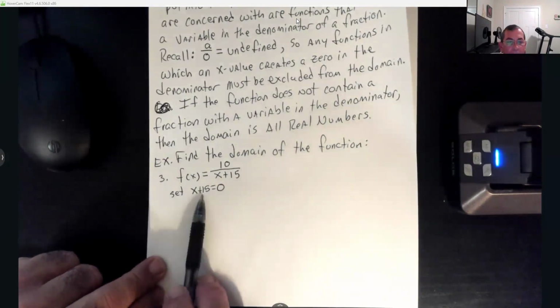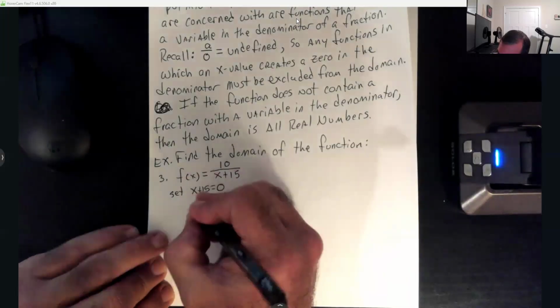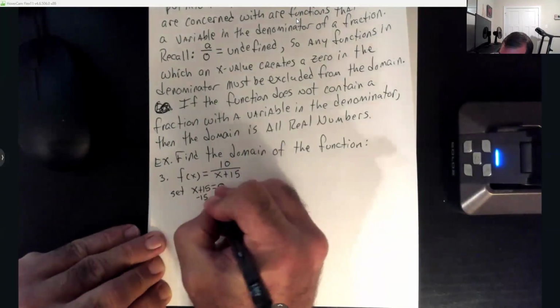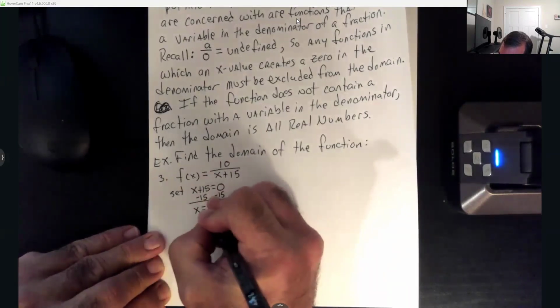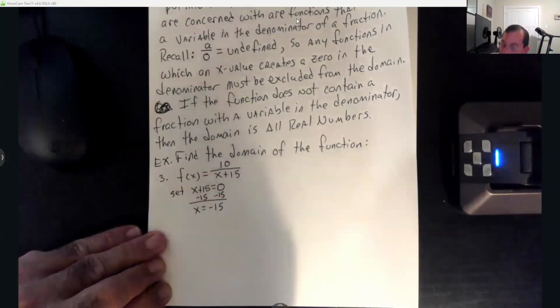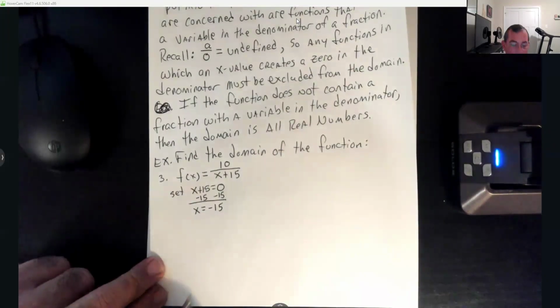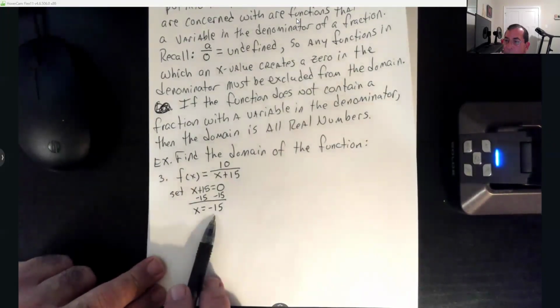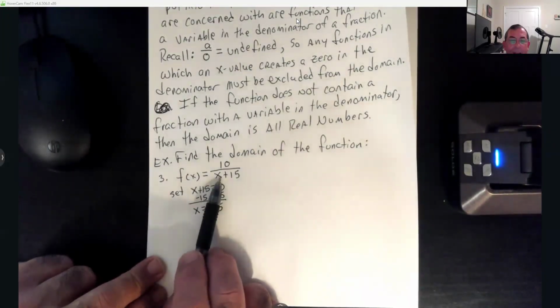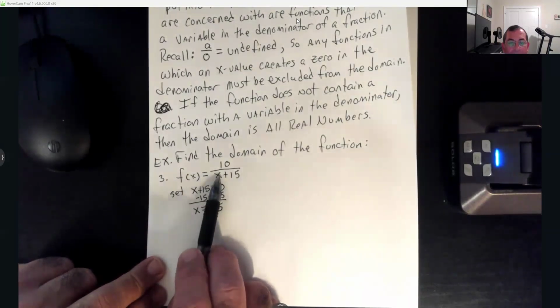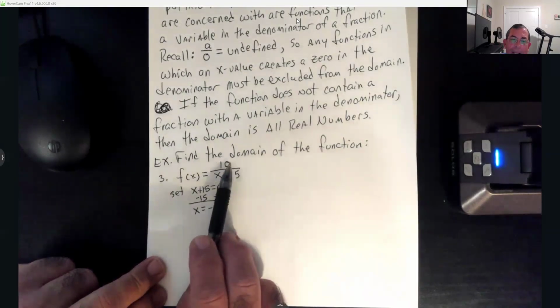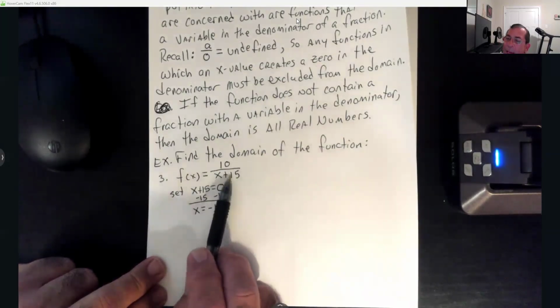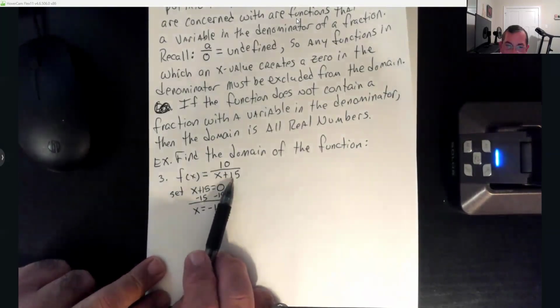And y'all, to solve this, I'm just going to subtract 15 from both sides. So then I get x is a negative 15. So y'all look at this. If I put a negative 15 in for the x, negative 15 plus 15 is 0. 10 divided by 0 makes that undefined.